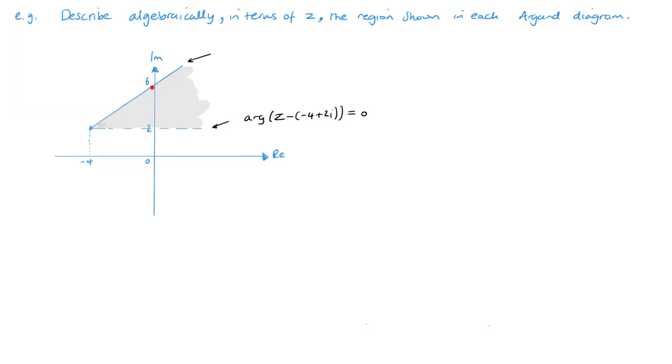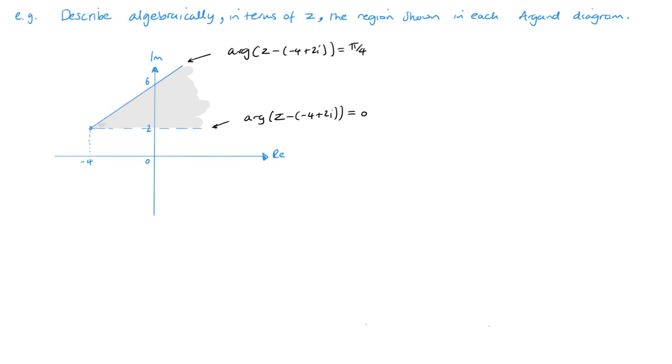I can work this angle out because I know this distance is 4 and this distance is 4. So I know that this is 45 degrees, or pi by 4. So we want arg(z minus (minus 4 plus 2i)) equals pi by 4. Those are the two angles that I'm looking at.